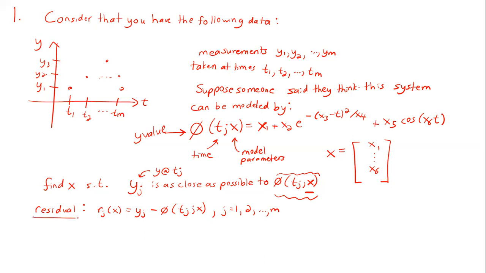And so what this does is it essentially is a measure of the difference between the measurement yj at tj and its predicted value from our model.